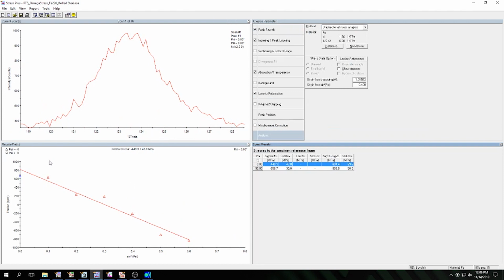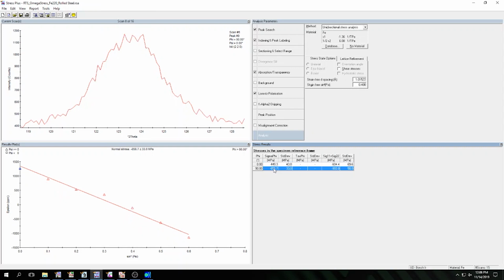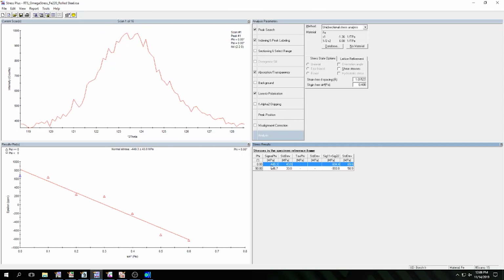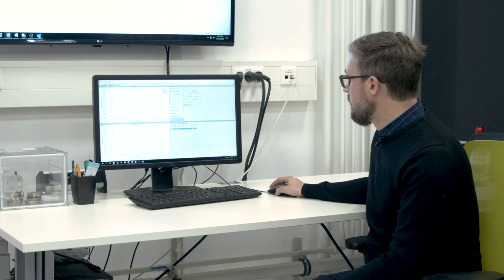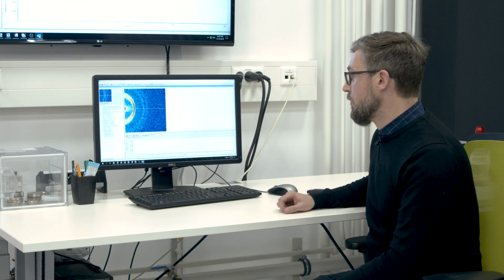And there you see we can nicely determine the stress in the two individual directions. So this is in the length axis of the transmission, and this is perpendicular to it. And you see we have roughly a compressive stress of around 450 megapascal in one direction and in the other direction around 650 megapascal.